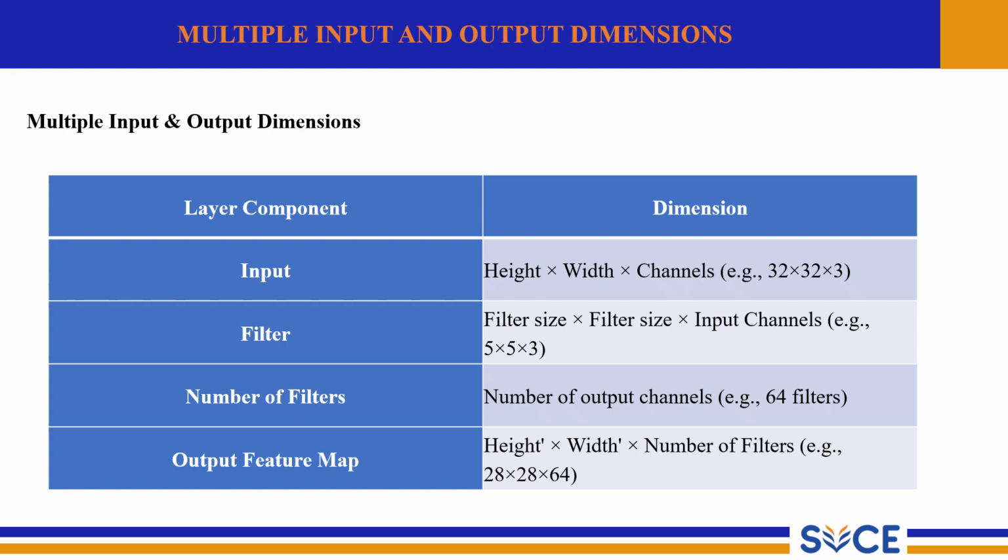This structure allows a CNN to capture multiple types of features simultaneously, stacking them depth-wise to feed richer information to the next layer.